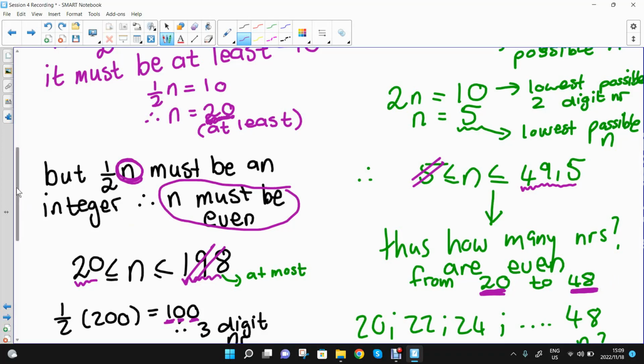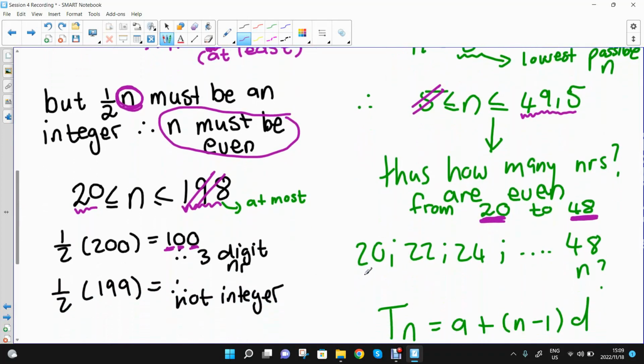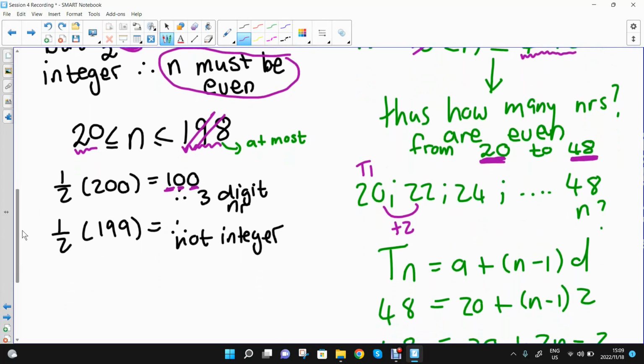To figure that out, you can actually just create a new pattern. I started my term 1 at 20, and you can see that I'm writing out all of my even numbers, and I'm stopping at 48. So I know that the common difference here is plus 2, and that my last term is 48.